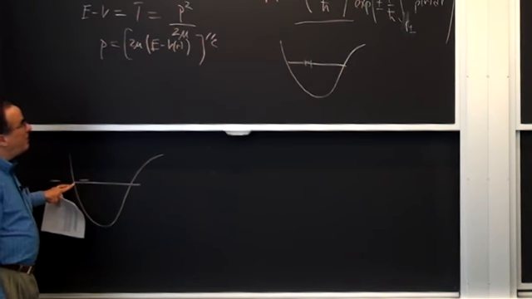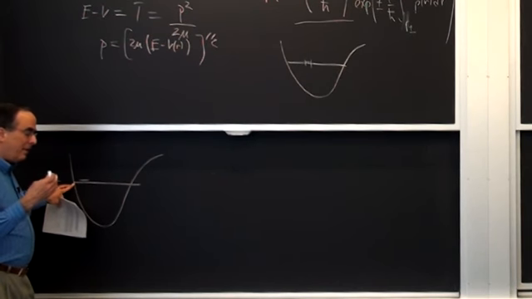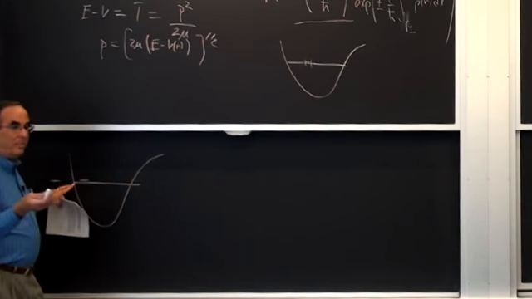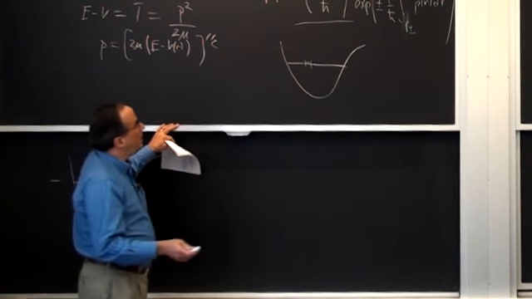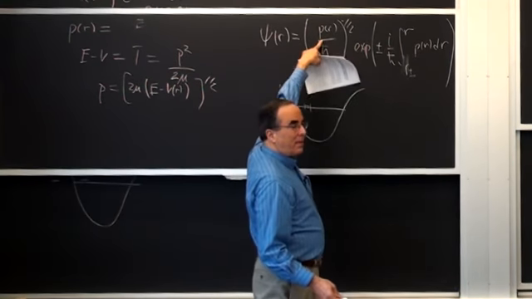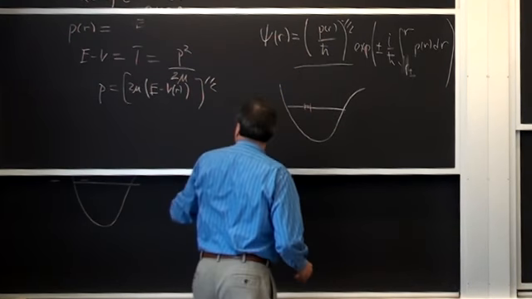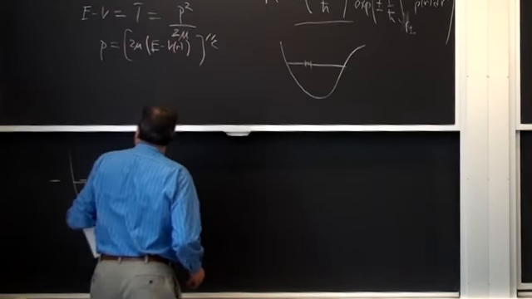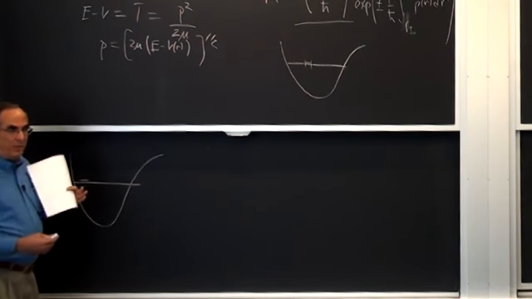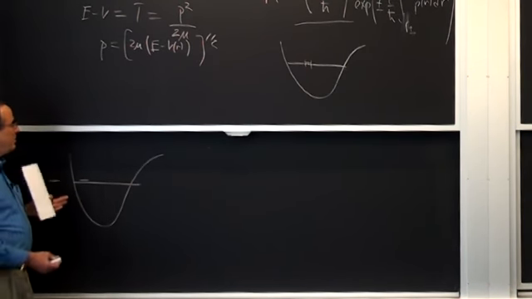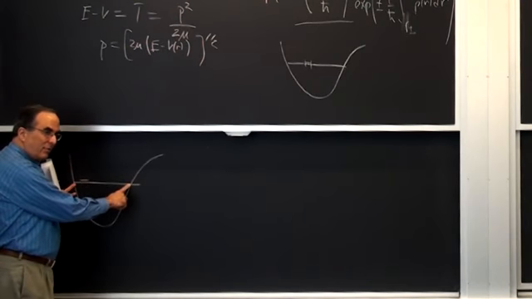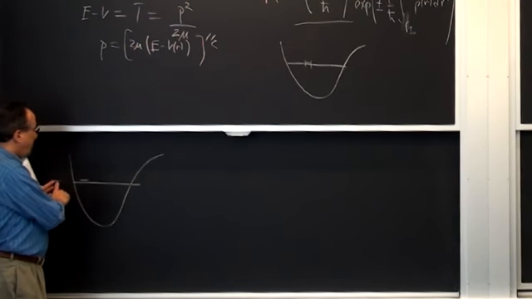Because at a turning point, the momentum is 0, and this blows up, and that's unphysical. And so if we wanted to use WKB to describe energy levels, we have a little bit of a problem.